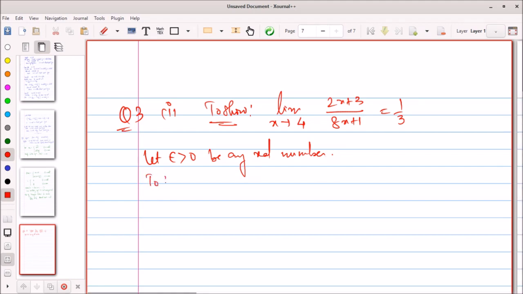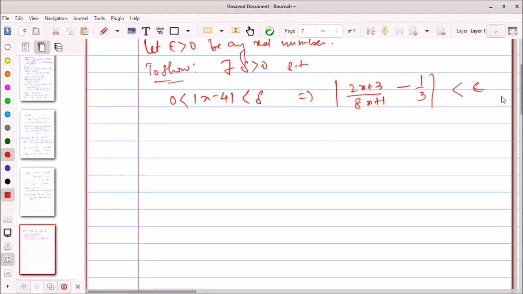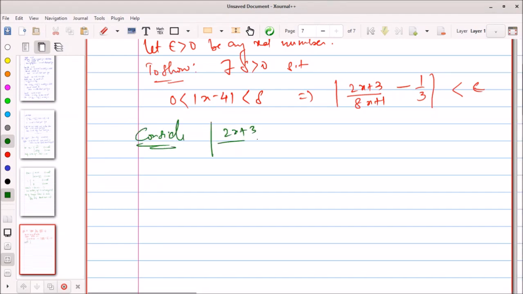So we have to show there exists delta greater than 0 such that 0 less than |x minus 4| less than delta should imply |(2x plus 3)/(8x plus 1) minus 1/3| less than epsilon. So for this we will express this in terms of x minus 4. So consider |(2x plus 3)/(8x plus 1) minus 1/3|.